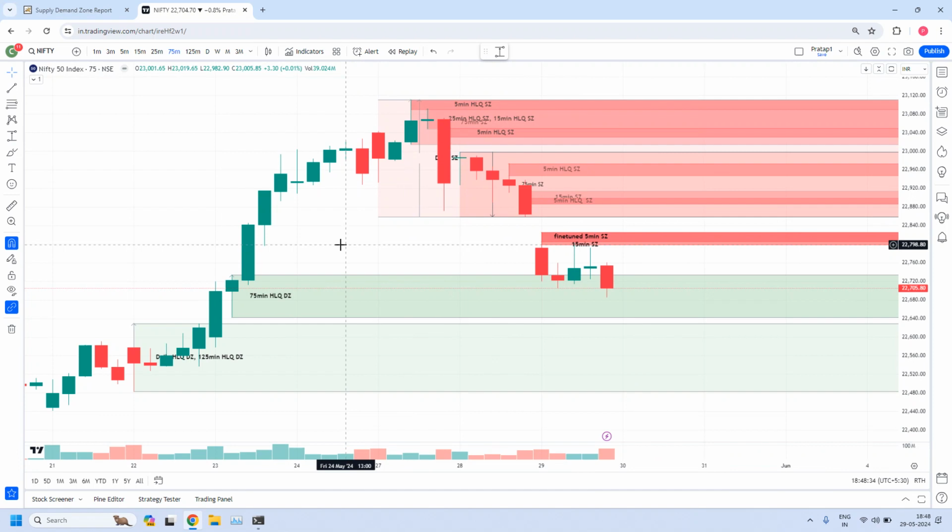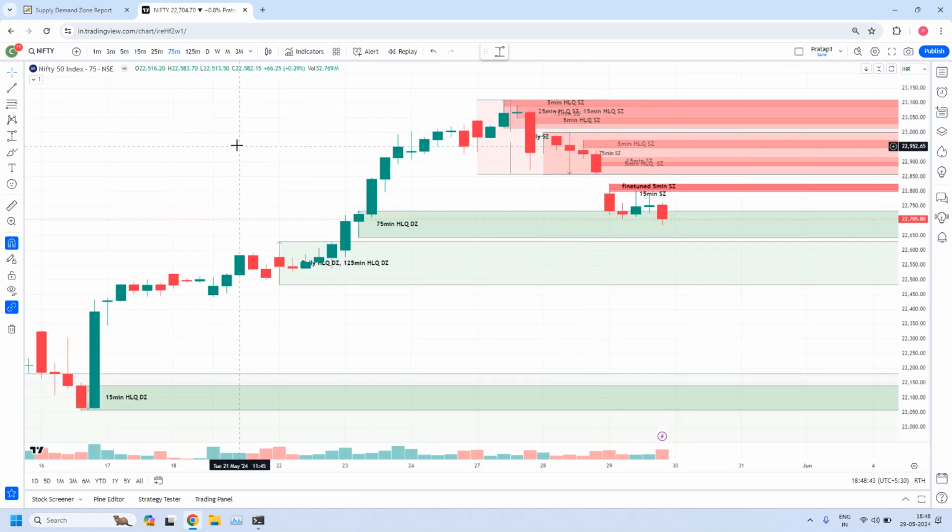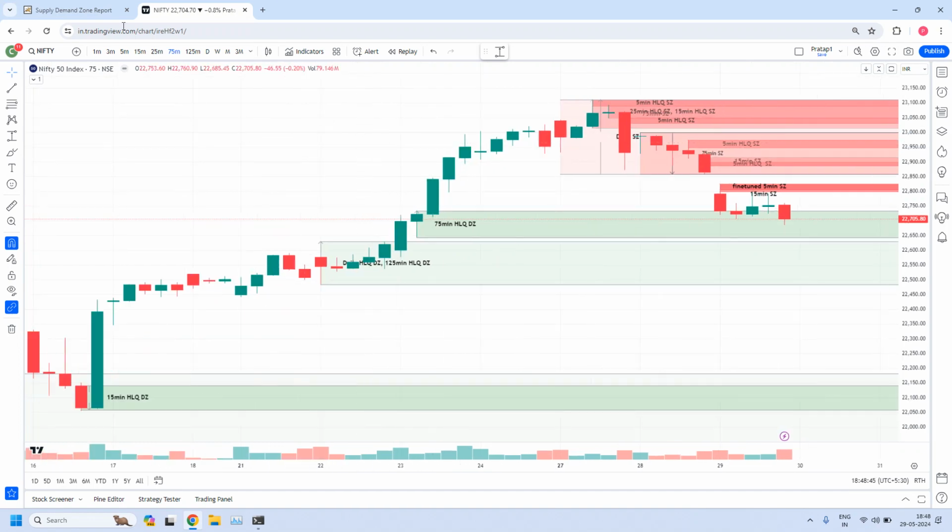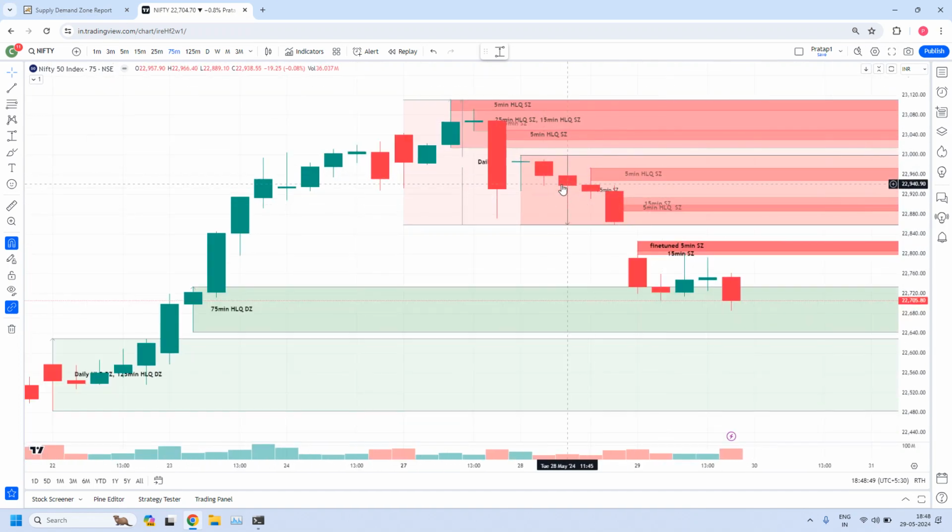Now you have to understand, first lower time frames are created, exactly within that area higher time frame zones are created. Okay, fine. Now in the 75-minute zone, only a normal zone is created, but that normal zone has a fine-tuned zone inside a daily zone. And the normal 75 is having a fine-tuned 5 minutes high liquidity zone available.